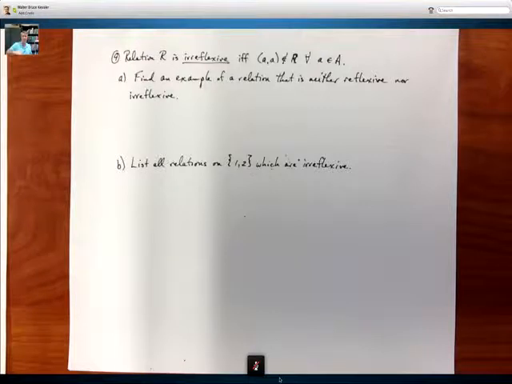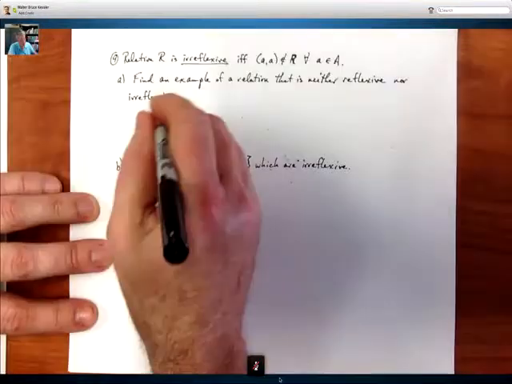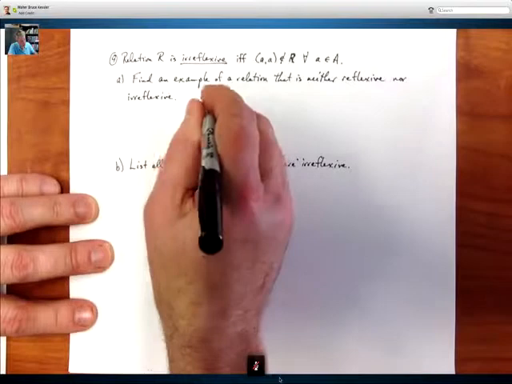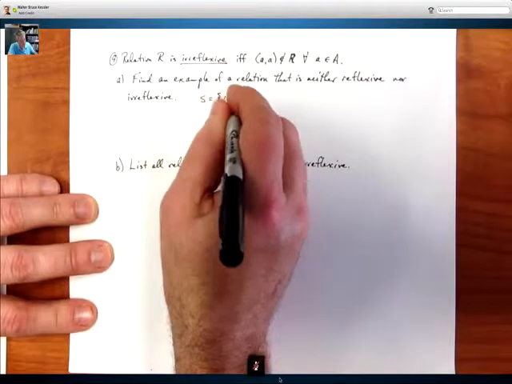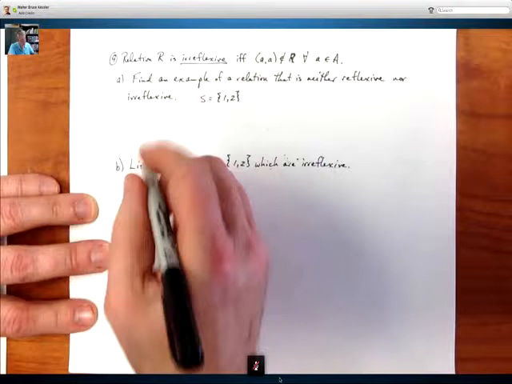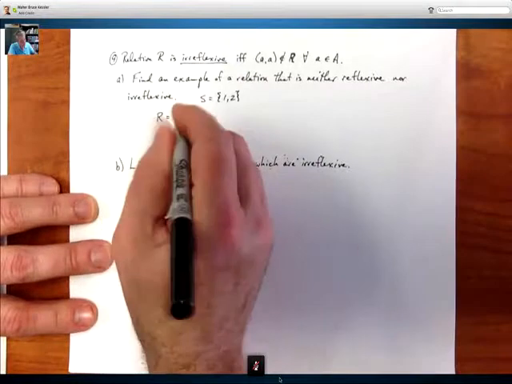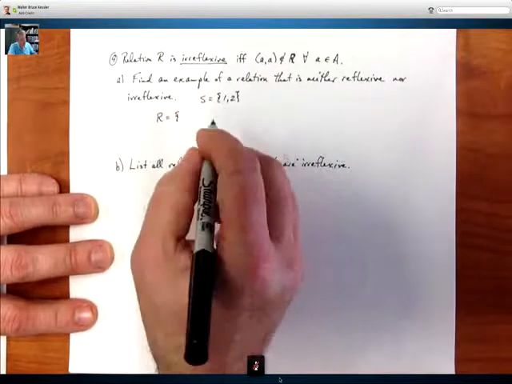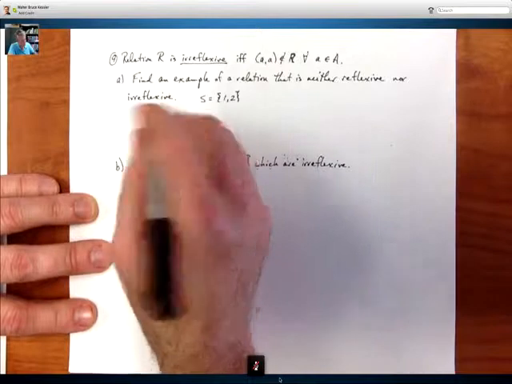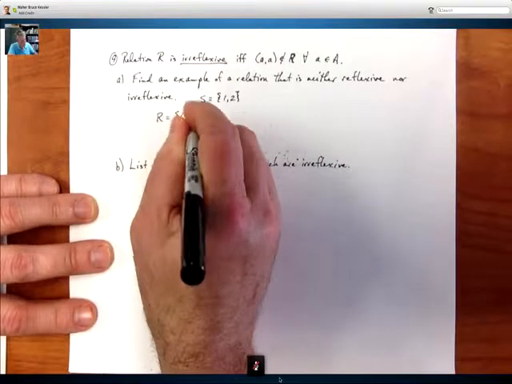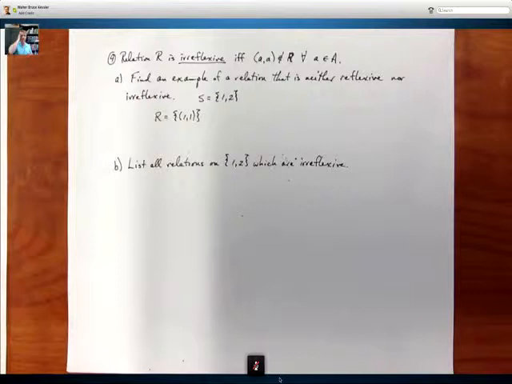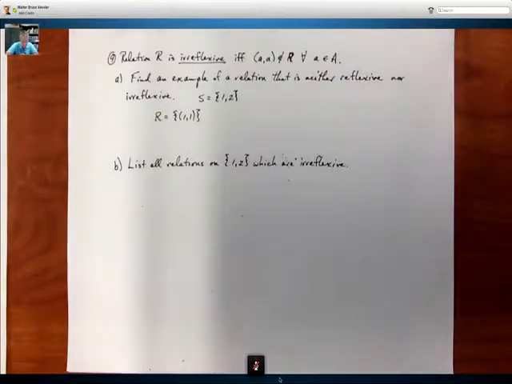So as long as you do part of the set one way and then leave part of the set out, let's say that maybe S is 1, 2. Okay. Then here's a relation that is not going to be reflexive, but it won't be irreflexive either. I'll just put in one of the doubles. Okay. And that would take care of it.